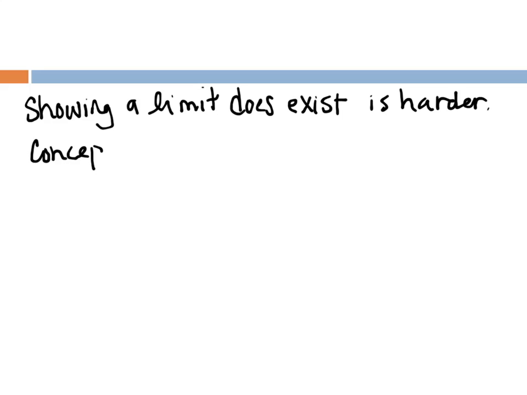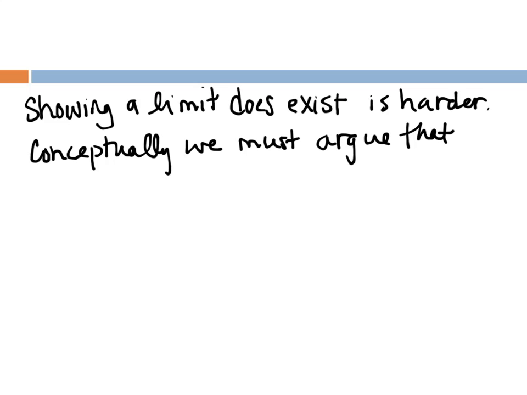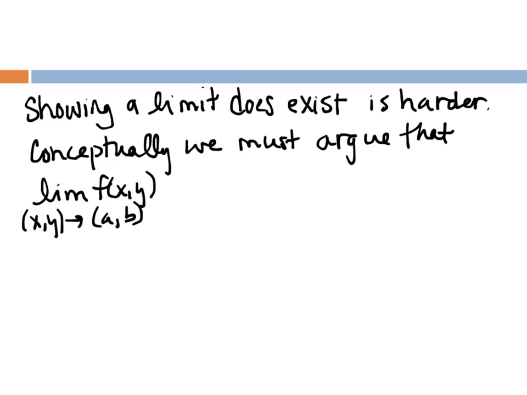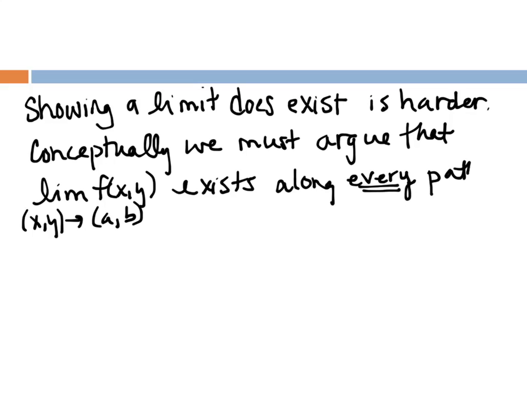Conceptually, we must argue that the limit of our function as (x, y) approaches (a, b) exists along every path (x, y) as it approaches (a, b).